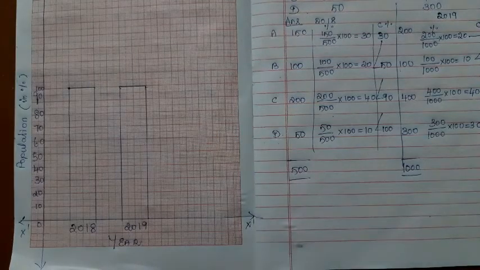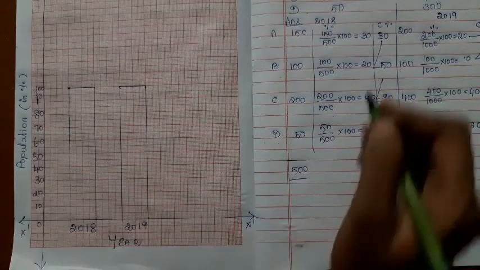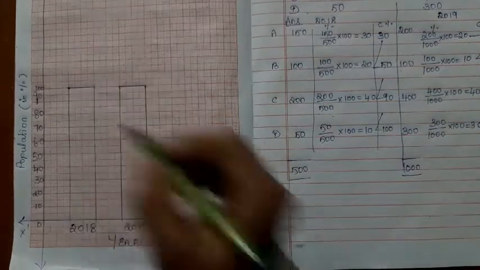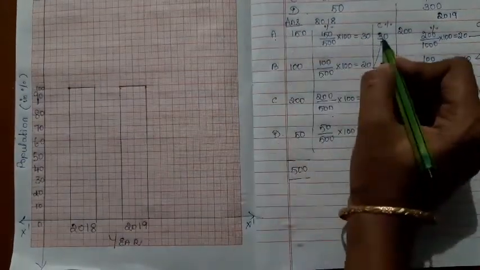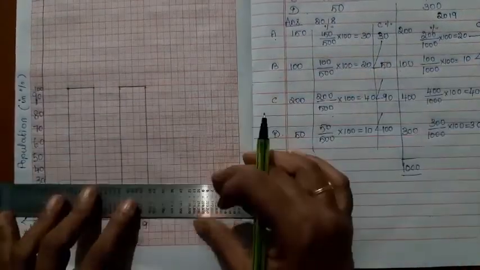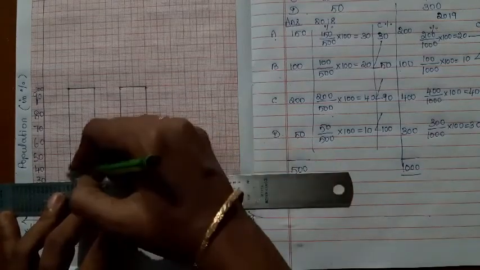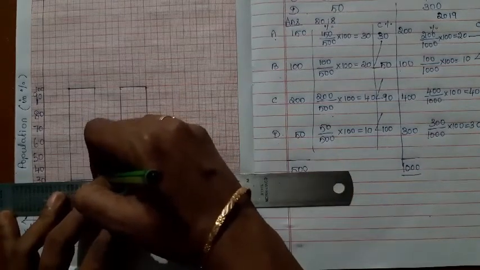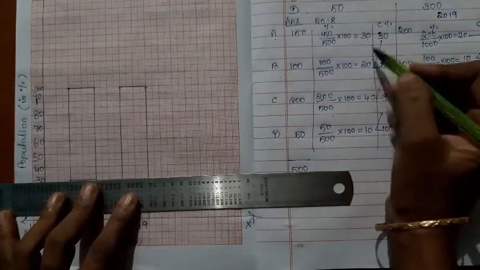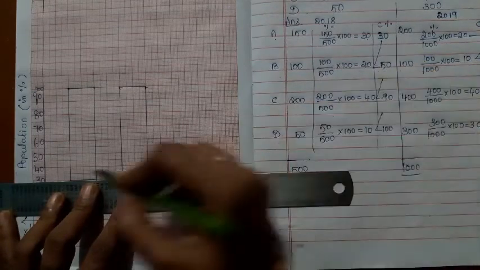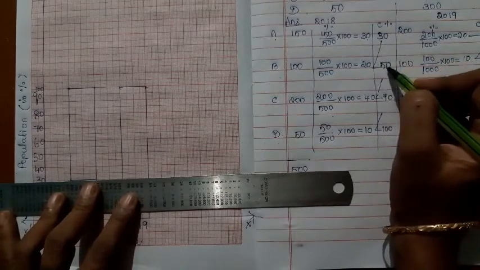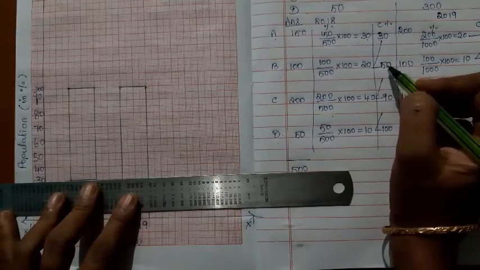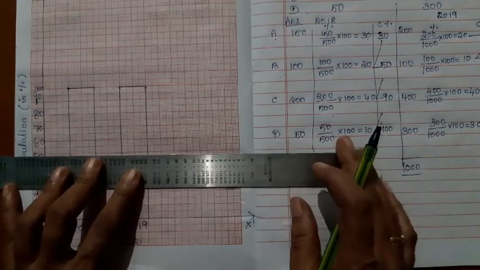Now let us subdivide. Inside 2018, A is 30 percentage. Then after 30, you should count 20 units. Instead, what we do, we just cumulate it so that we get an idea that at 50 there is a cut.